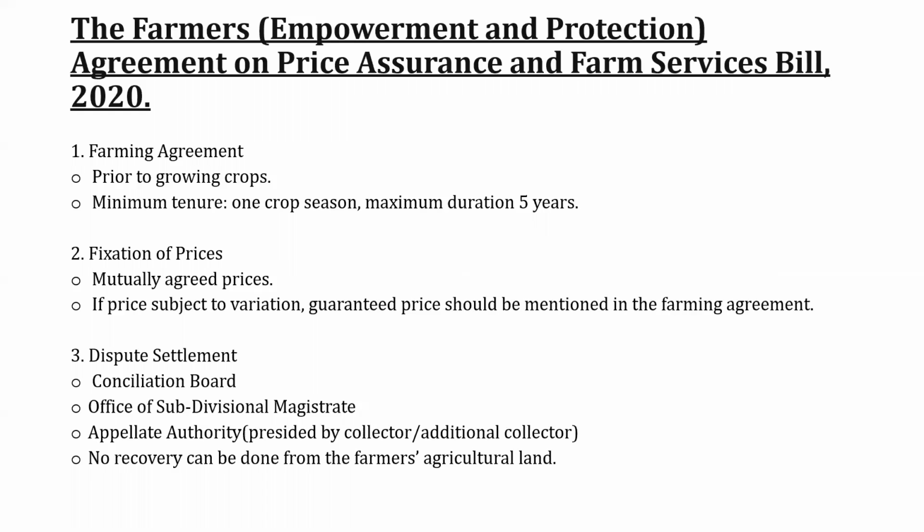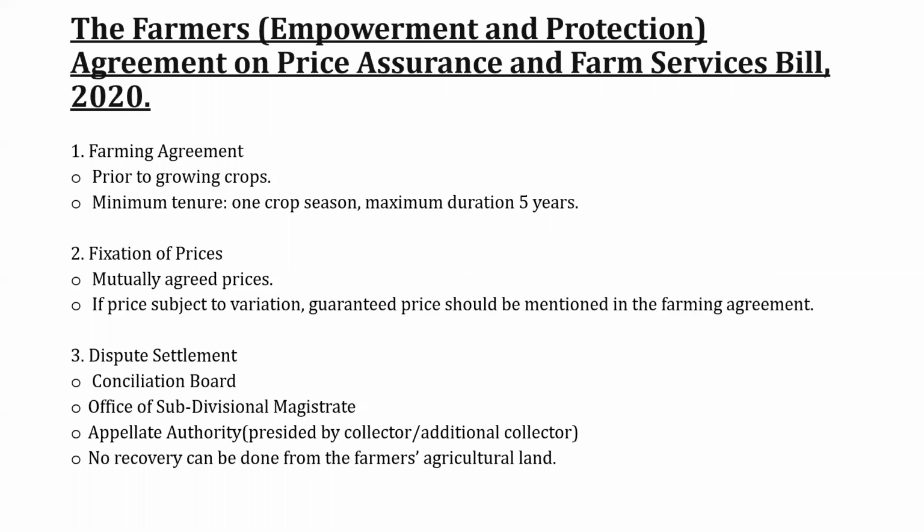Now, dispute settlement. At the first instance, if there is any dispute between the farmer and the private player, they can approach a conciliation board. If within 30 days this dispute does not get solved, then they are going to approach the office of the subdivisional magistrate.